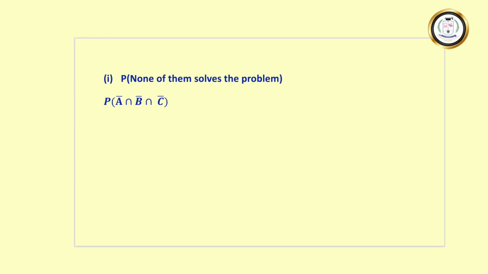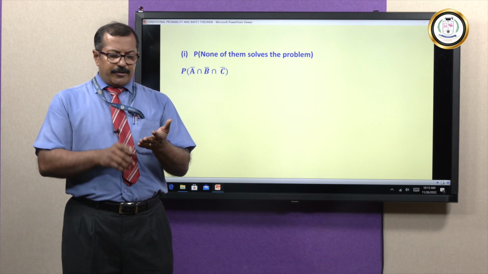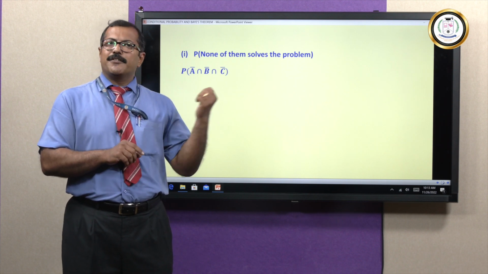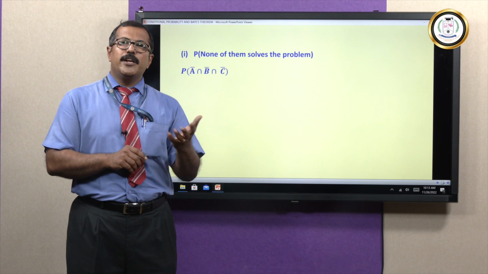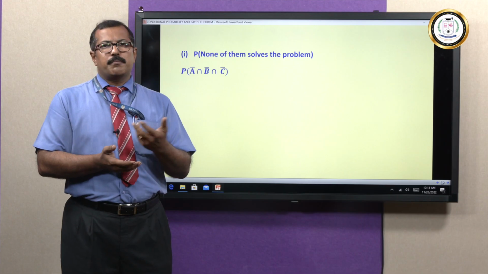So we can write this as A complement intersection B complement intersection C complement. As I already told you, A, B, C are independent, as given in the question, they are trying the problem independently. Therefore, the complements are also independent by the property.